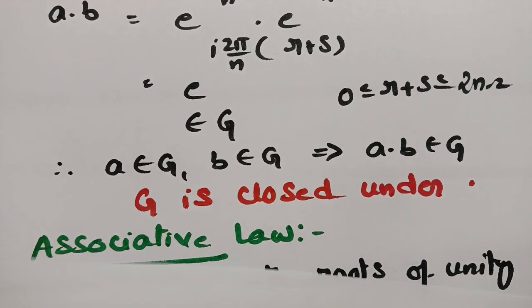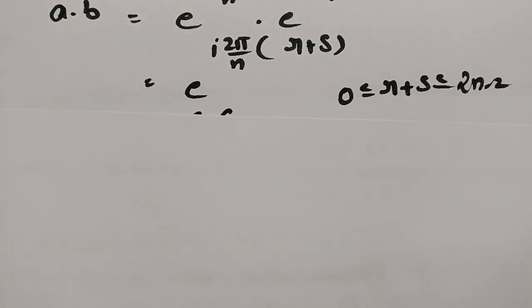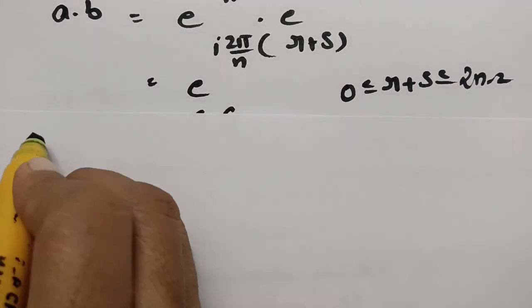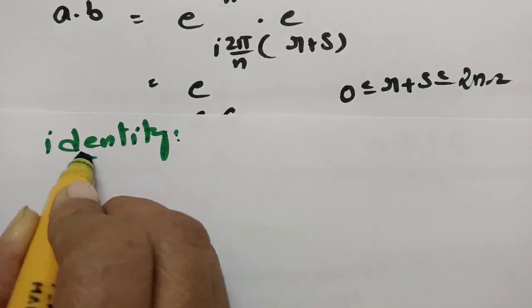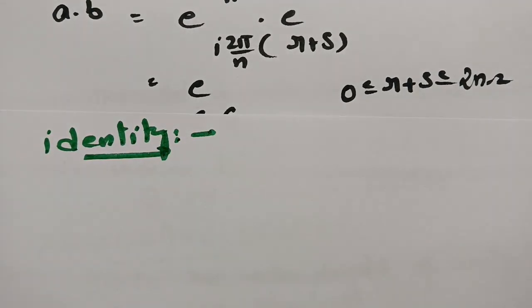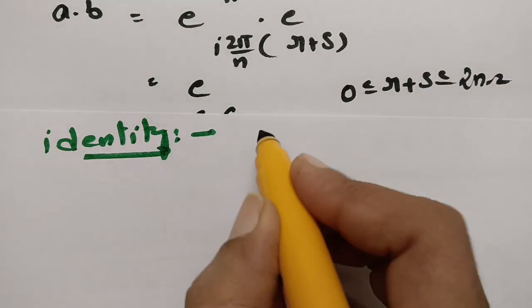Clear? It is closure, it is associative. And the next thing we have to do, so we have to prove the identity law. Everybody knows that for the multiplication 1 will be the identity. See here, so what is our A here?